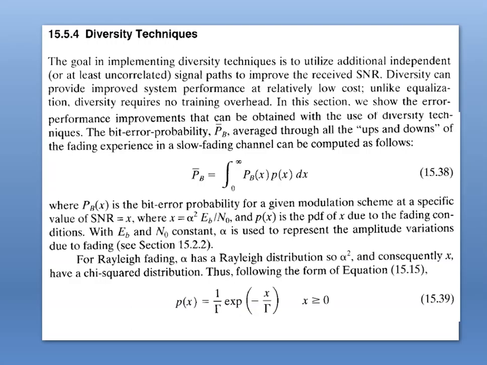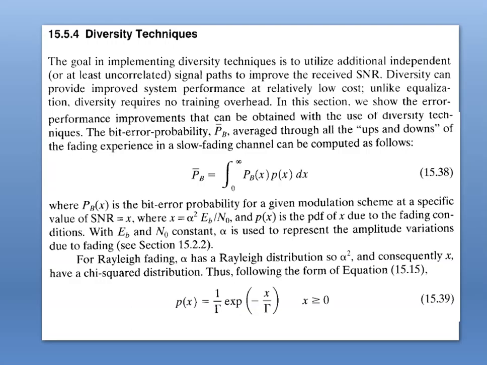The PB of a slow fading channel is given by the integral from 0 to infinity of PB of x multiplied by P of x into dx, where PB of x is the probability of error for a given modulation scheme at a specific value of SNR x, where x is equal to alpha square Eb by N naught, and P of x is the probability distribution function of x due to the fading conditions. With Eb and N naught constant, alpha is used to represent amplitude variations due to the fading.